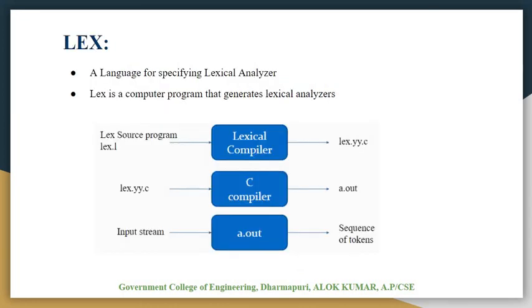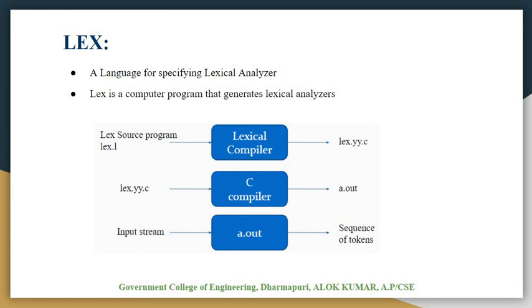Now we will see Lex, a computer program, a language for specifying lexical analyzers. Lex is a computer program that generates a lexical analyzer. We write the Lex source program with the extension .l, and give it as input to the Lex compiler, which generates the file lex.yy.c.